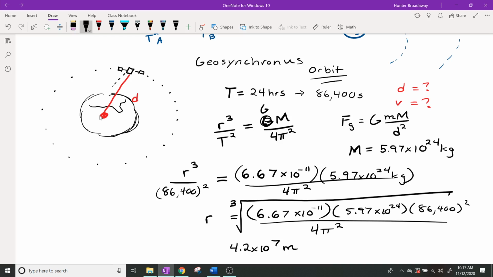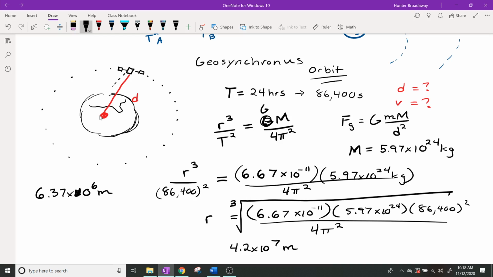That is what we got, and that's actually what it's supposed to be. The radius of the Earth is 6.37 times 10 to the sixth meters, or 10 to the third kilometers.